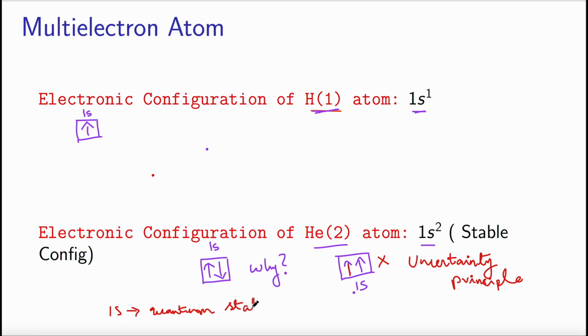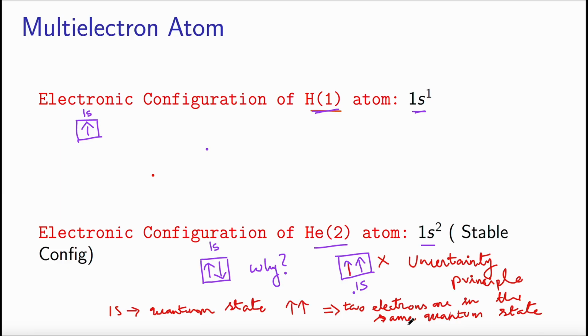And in this quantum state, if we put two up electrons, two electrons whose spin state is the same, that implies that two electrons are in the same quantum state.